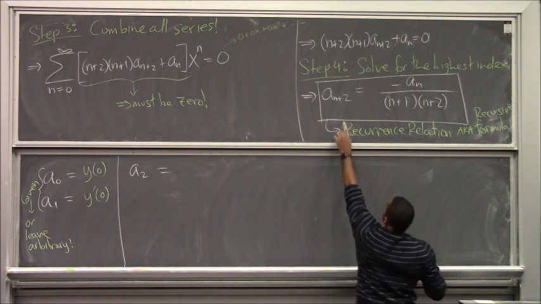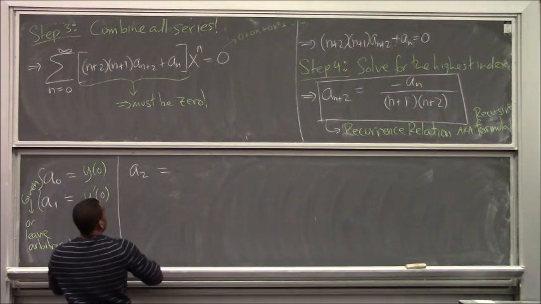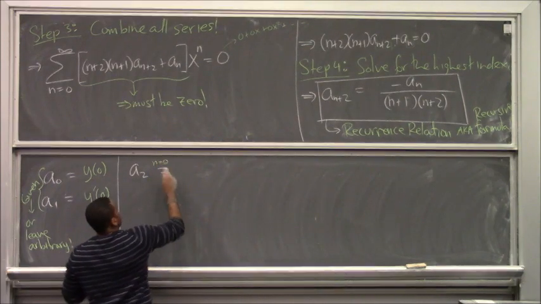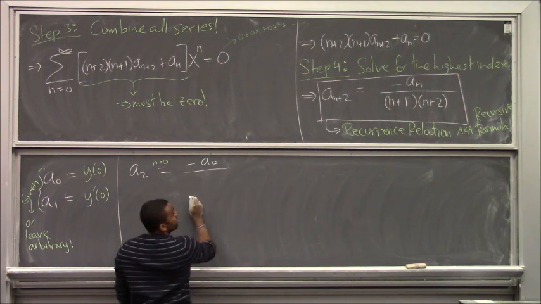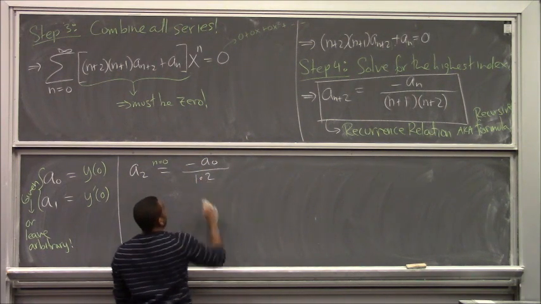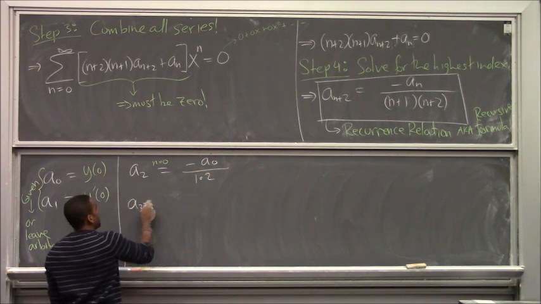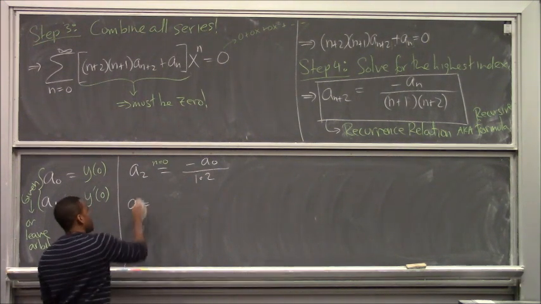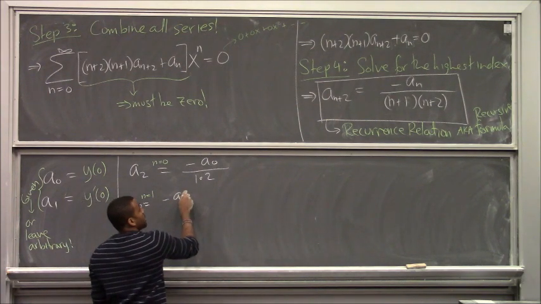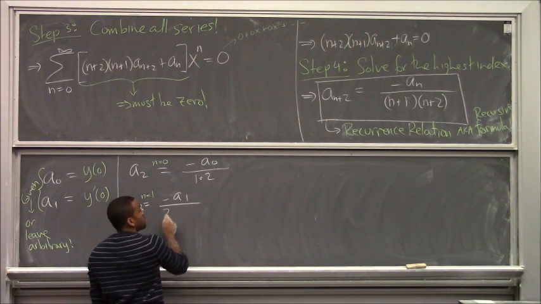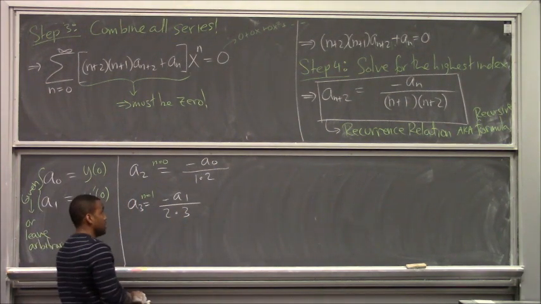So I can get A2 by plugging in n equals 0, and I will get minus A0 over 1 times 2. What about A3? This is when I plug in n equals 1, and I will get minus A1 over 2 times 3. That's a factorial.